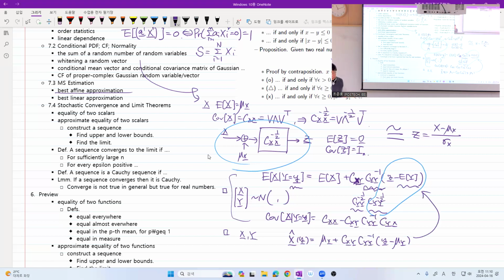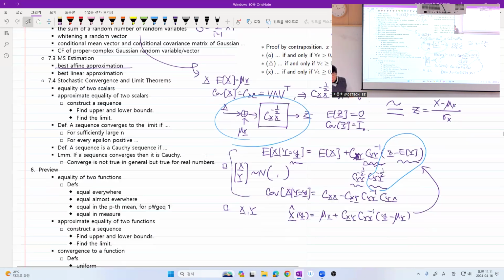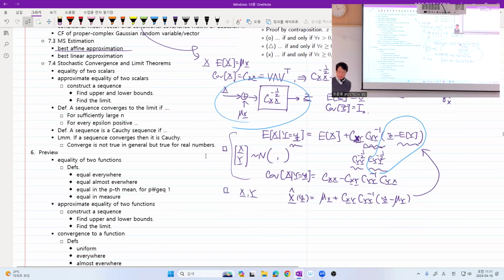Got it? But I'm not saying that X and Y are jointly Gaussian. Just that X and Y are jointly distributed. The best affine approximation has the same form as the conditional mean when X and Y were Gaussian.